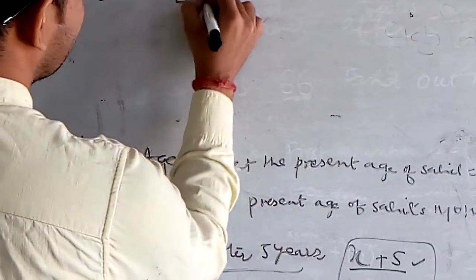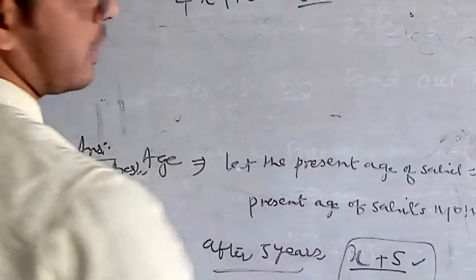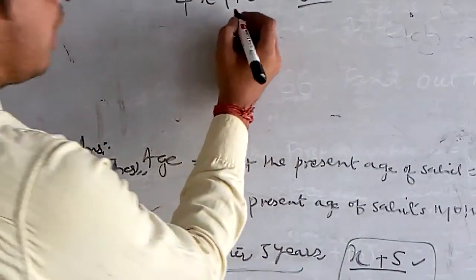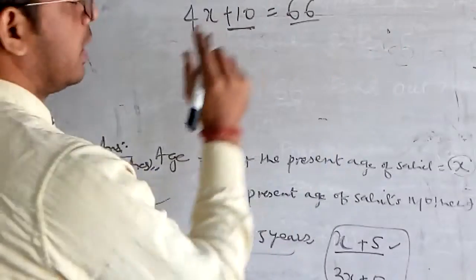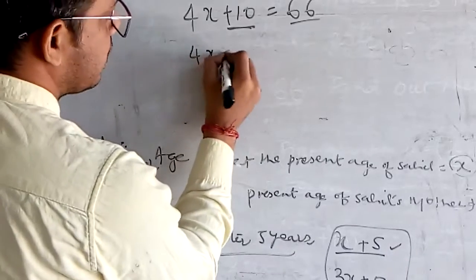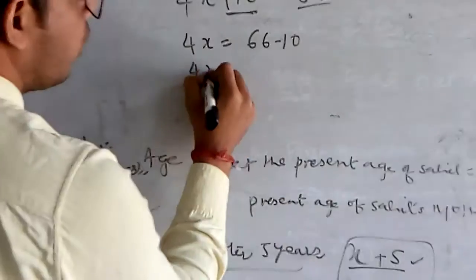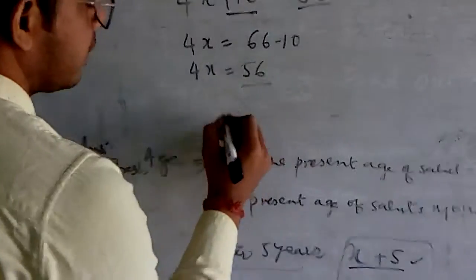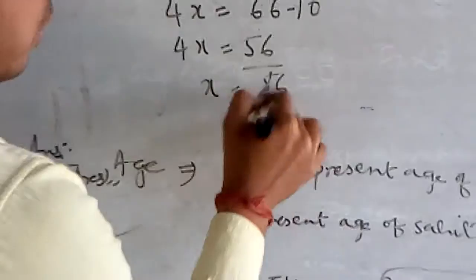So 4x plus 10 equal to 66. What will we do now? We will transfer this positive 10 to the other side of the equation. That is 4x equal to 66 minus 10. 4x equal to 56. x equal to 56 upon 4.